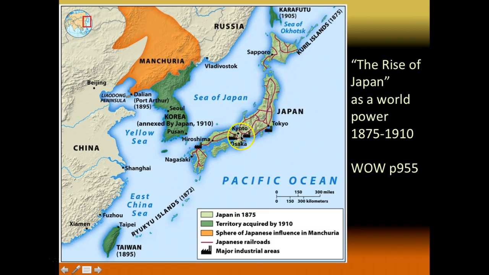And the symbols here are major industrial areas, and it just shows that Japan was really covered in new infrastructure and industrialism pretty early on in the game. The first non-European, non-Western power to take industrialization on its own and develop as a huge power in the world.